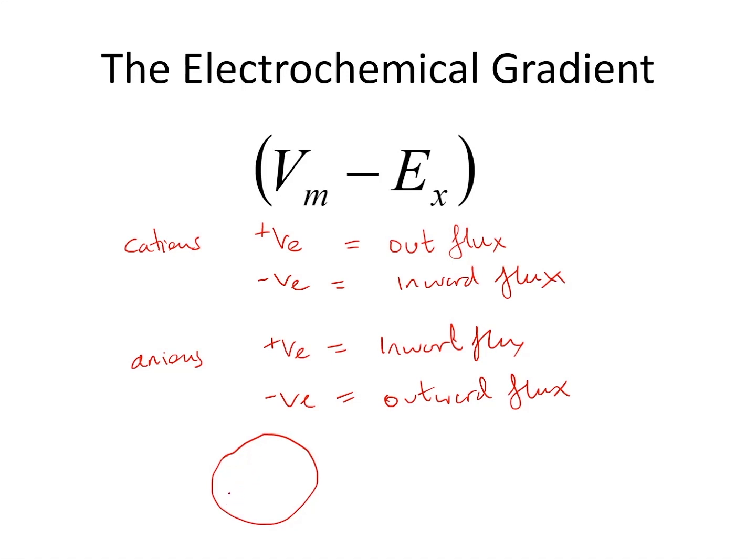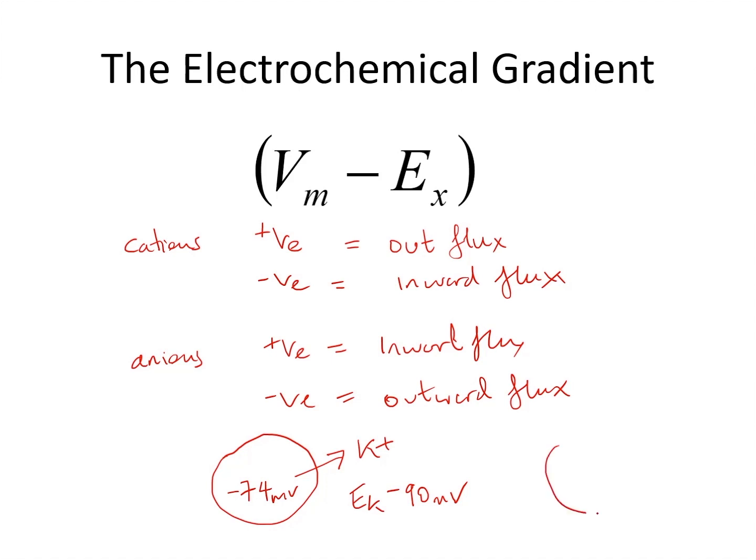If you had a membrane potential, like in our example, of minus 74 millivolts, and you had a potassium equilibrium potential of minus 90 millivolts, which is more negative, imagine you opened lots more potassium channels. How is the cell going to move a potassium ion to get from minus 74 towards minus 90? The cell has to get more negative, and so in order to do that, potassium ions would have to leave. So that would be an outward flux of potassium ions.